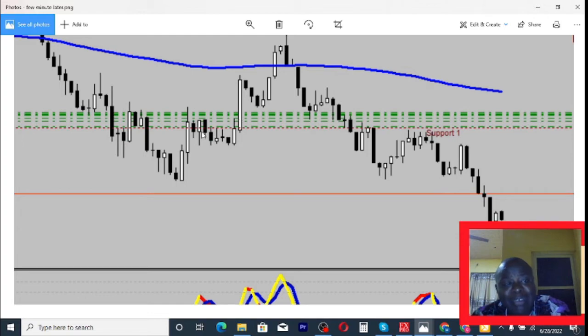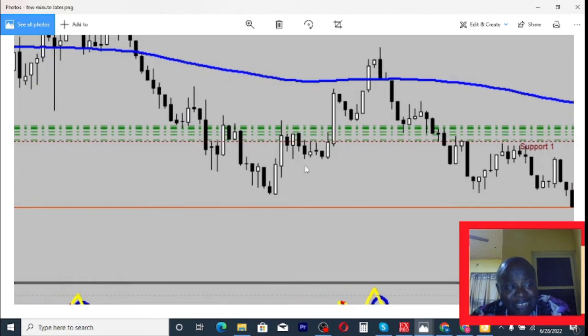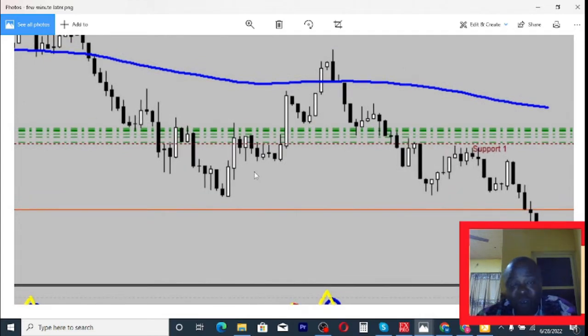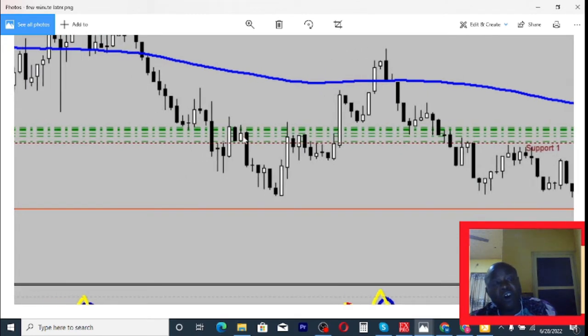Because my other time frames are down, I believe that entering from a shorter time frame will be the best way to get the proper entry and be able to filter out all the noise from the market.